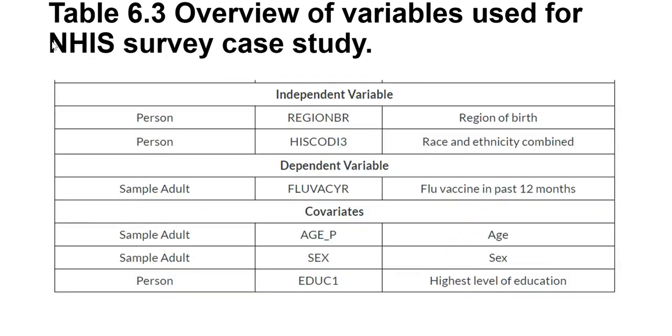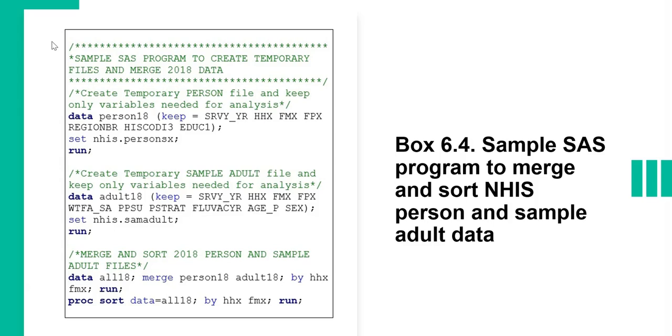Then we have our independent and our dependent variable, as well as the list of covariates that we want to include. So our independent variable will be created with the region of birth and race and ethnicity variables. Dependent variable will be created by the flu vaccine variable, and the covariates included will be age, sex, and highest level of education. Box 6.4 provides the programming statement to merge and sort the person and sample adults files.